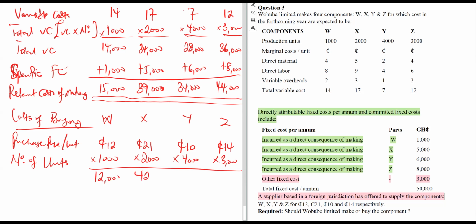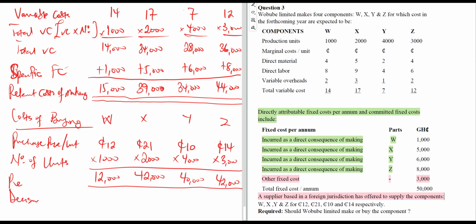Oh, is it 42,000? 40,000. And the last one is 42,000. Is this correct? 12,000, is it correct? Yeah, 12,000.